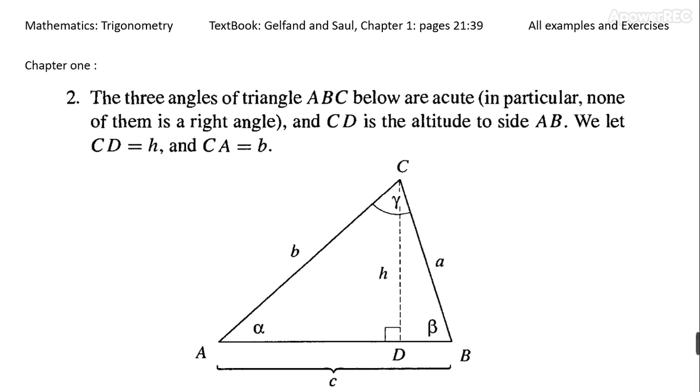Then the next thing he talks about in this chapter is one of the most beautiful theorems of the angles of a triangle. Now in this particular example, he takes the triangle to be acute, and he proves this theorem and promises to prove the theorem even when the triangle is not an acute triangle in later chapters.